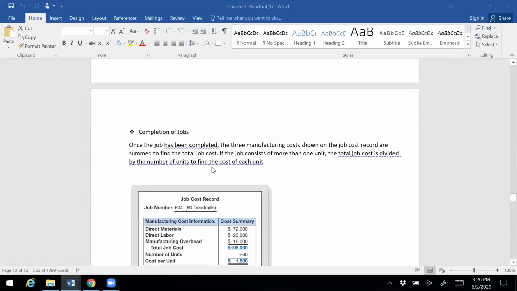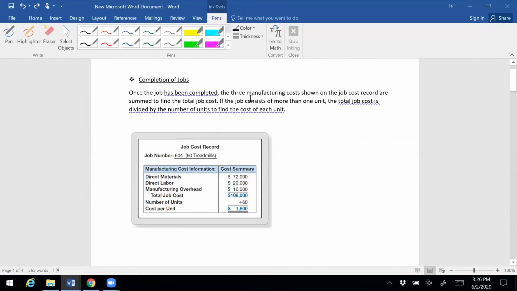So today we continue with talking about completion of jobs. Let's look at this question. Once the job has completed, what's the keyword? Look at this keyword, right? The job is completed. And then we will get our finished goods.